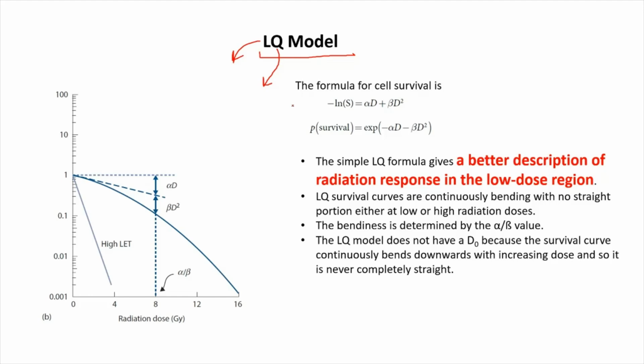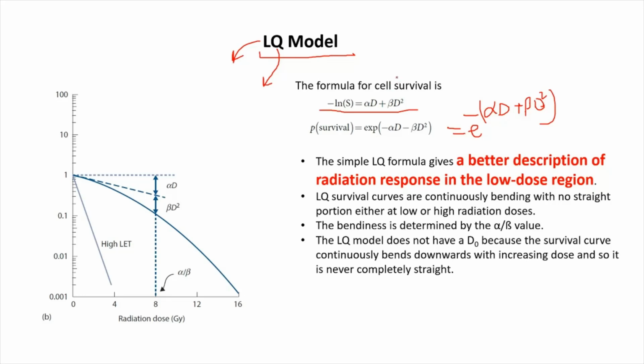The formula for cell survival is ln S equals alpha D plus beta D squared, and the probability of survival is exponential of minus alpha D minus beta D squared.